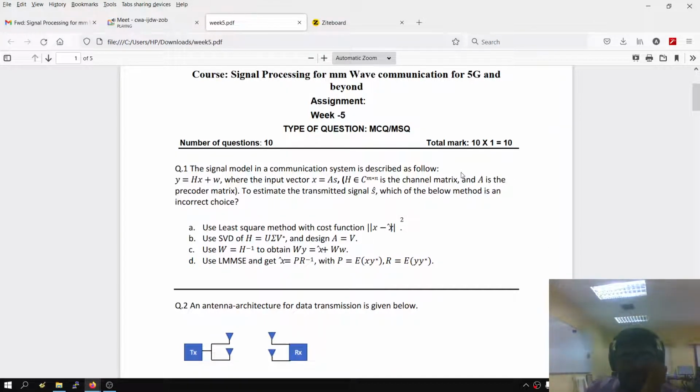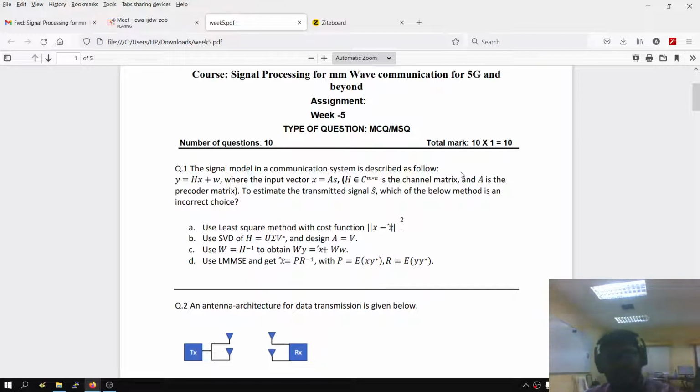The first thing is the signal model in a communication system, which is described as follows: y is equal to Hx plus w, where the input vector x is equal to As and H belongs to a complex M cross N channel matrix, and A is the precoder matrix. So what is our problem? We have to estimate the transmitted signal S cap. There are 4 methods given here.